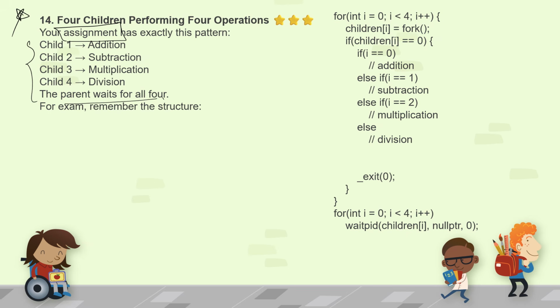You implement a for loop where children[i] gets the process ID of the child. If it's equal to 0, then for i equal to 0, 1, 2, and so on, you perform the operations and exit 0. And for 1 to 4, you wait for the PID of the children, null pointer, 0. I hope this is clear.